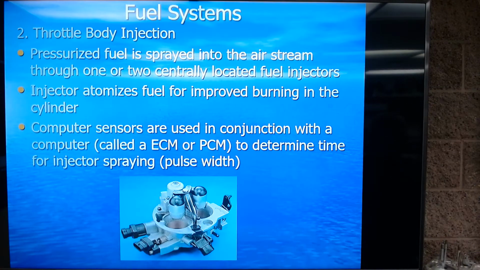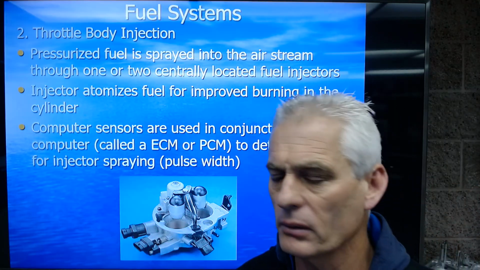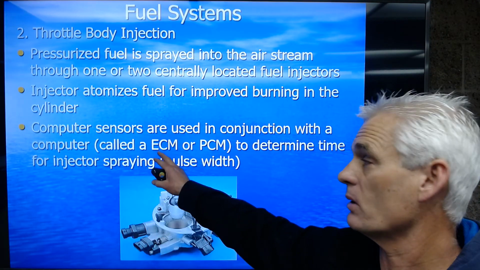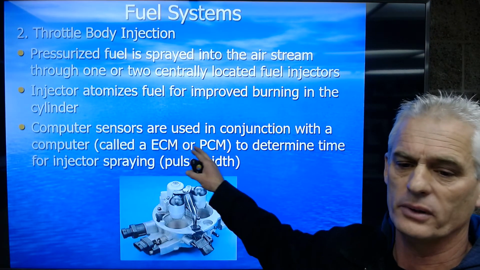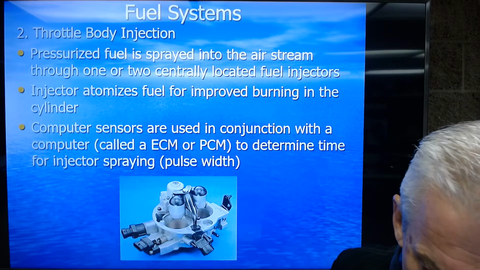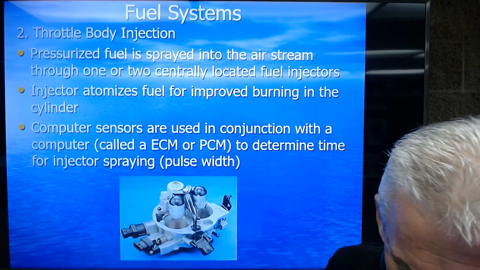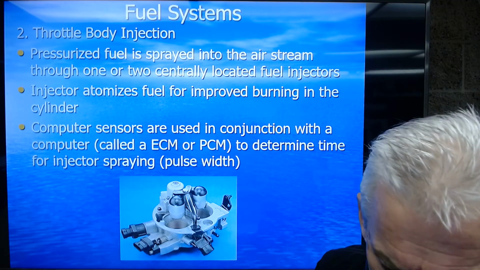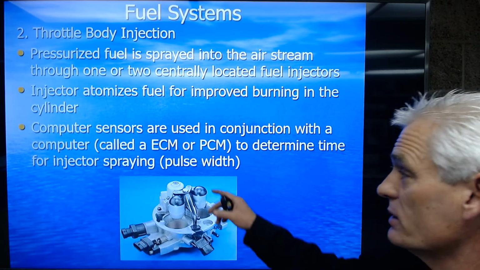And then notice I have here computer sensors are used with a computer. Before 1996, we called it an ECM, electronic control module. Since 1996, we call it a PCM, or powertrain control module, to determine the time the injector is going to spray, or the pulse width.